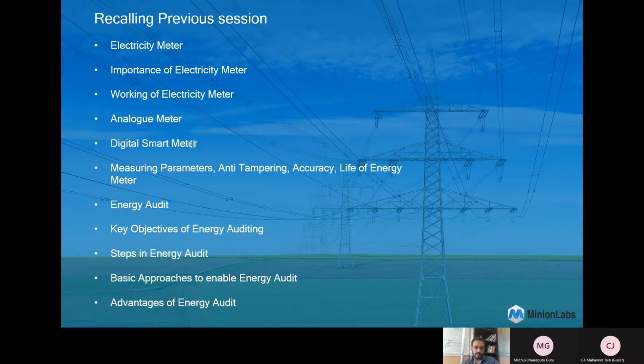We also learned some of the importance of the electricity meter, like why it should be there in every household and every building. We learned about electricity meters and their working. There are two major categories of electric meter: traditional or analog meters, and smart or digital meters. An analog meter is a mechanical device encased within a glass housing and consists of a mechanical disc that rotates when the building or house draws current.